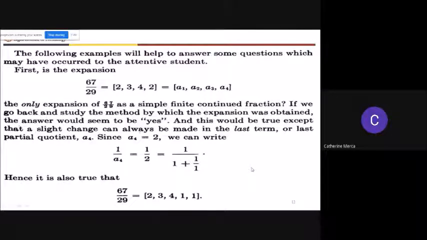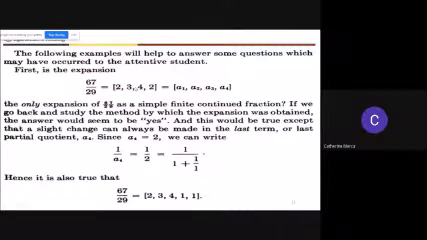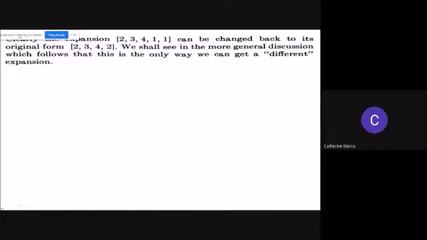But usually the first one already satisfies your answer. You don't have to have that quantity. Clearly, the expansion 2, 3, 4, 1, 1 can be changed back to its original form. This is the original form, and usually this is what I will be looking for in your expansion. So the only different way would simply be this.